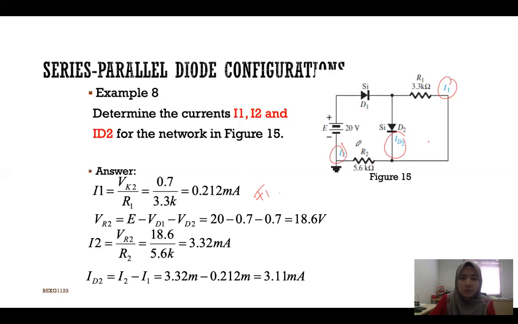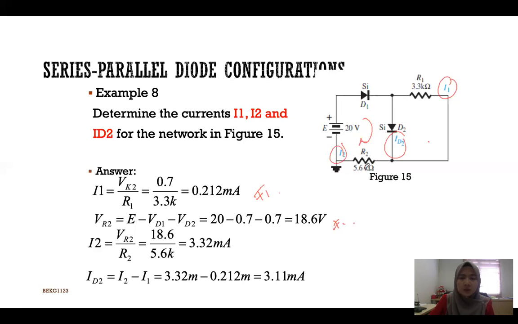For VR2 over here, you also do a KVL. So you will get VR2 is equal to E minus VD1 minus VD2. This is silicon, so minus 0.7 minus 0.7, and you will get 18.6 volt. I2 is over here.